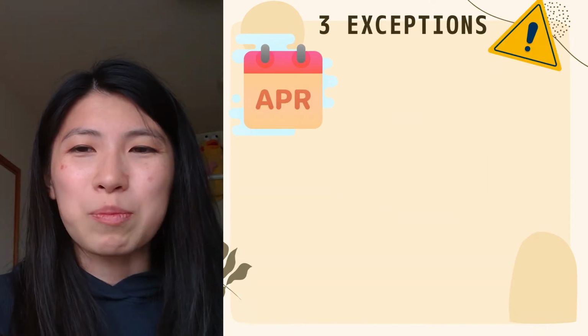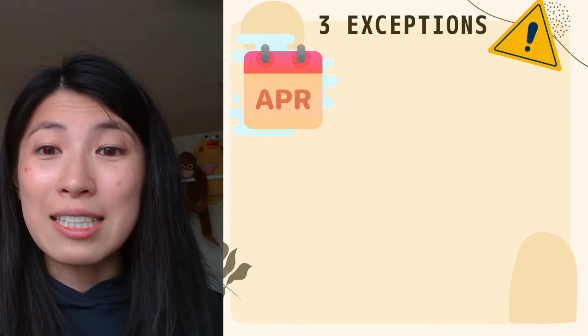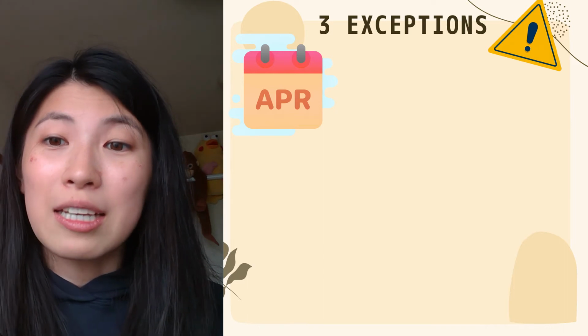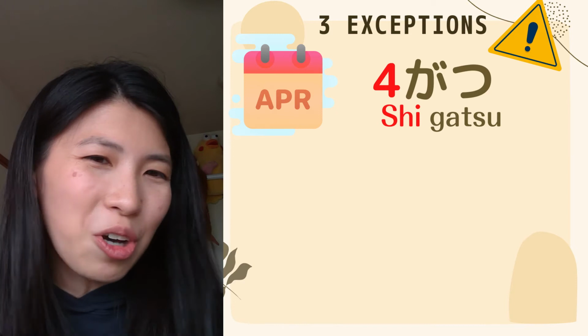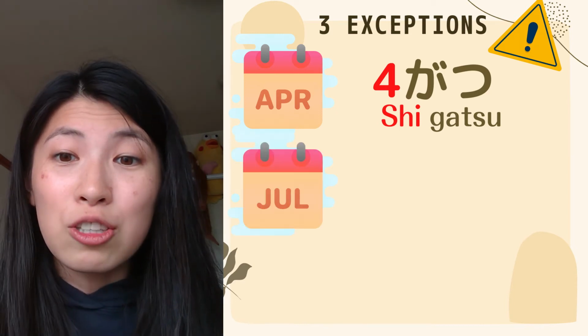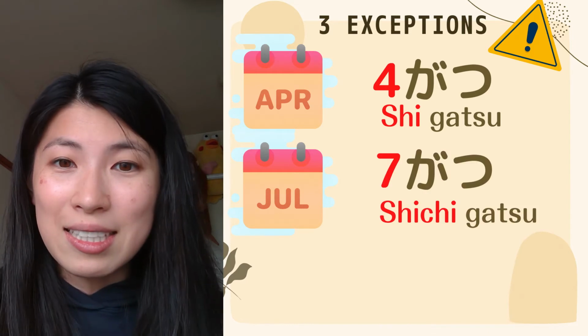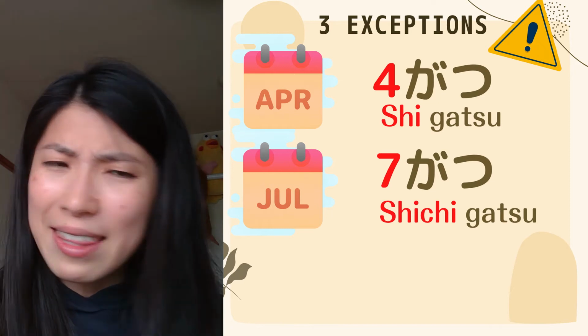So let me explain about those exceptions. The first one is April. We say 4月 (しがつ), not 4月 (よんがつ). The next one is July, 7月 (しちがつ). We don't say なながつ.